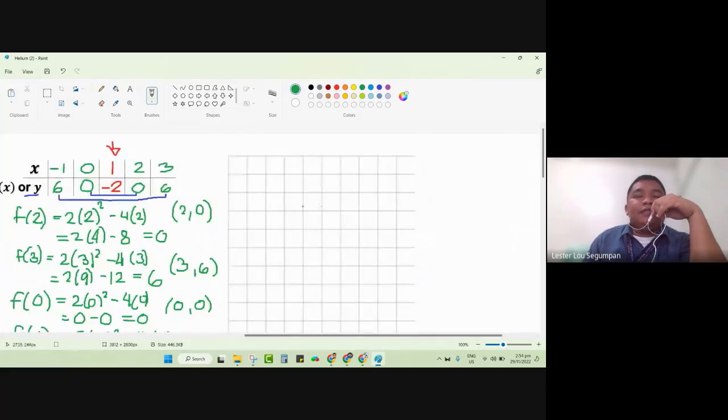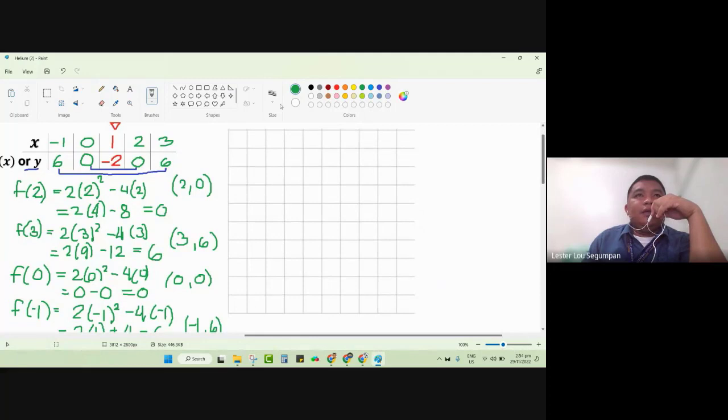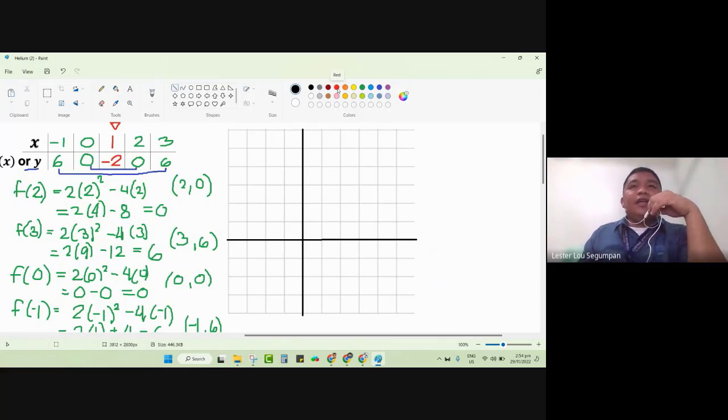And since our vertex is no longer at the origin, let me add here this x-axis somewhere here and somewhere probably here, just like that. So let's plot the points of our graph in the Cartesian plane.